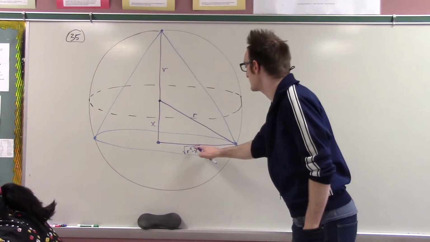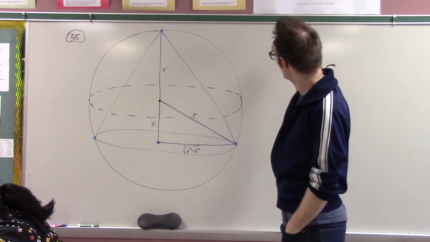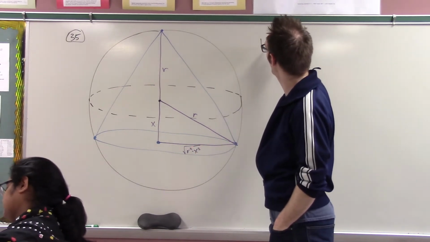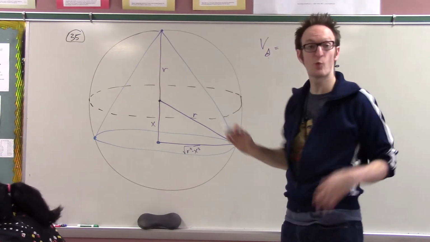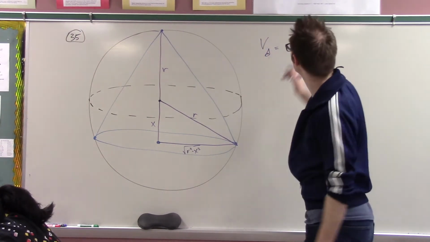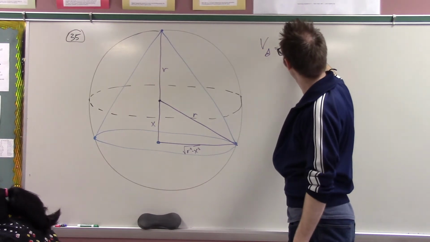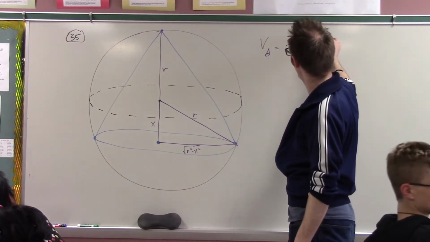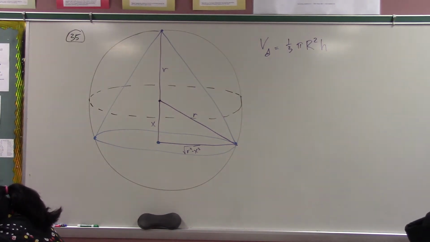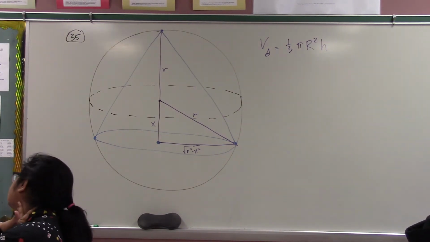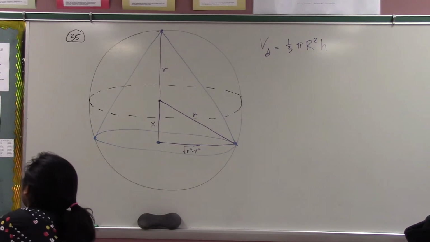All right, so now I'm ready to write the formula for the volume of a cone. And what is the formula for the volume of any cone? It's always just 1/3 of the volume of the corresponding cylinder. So it's 1/3 pi, and I'm going to use a different r just to make sure I don't confuse myself. I'll let big R be the radius of the cone, which is of course different from the radius of the sphere.